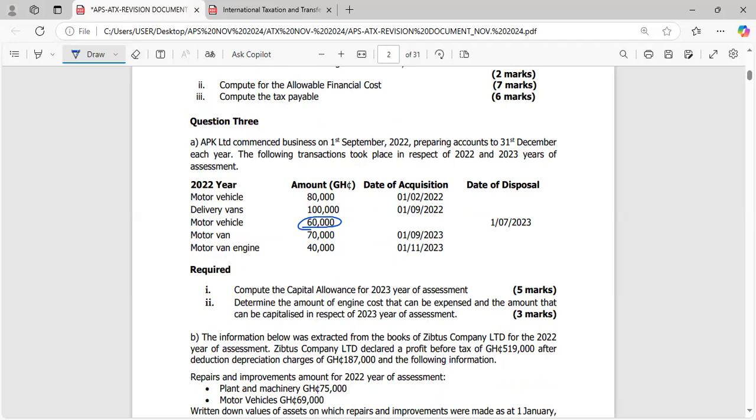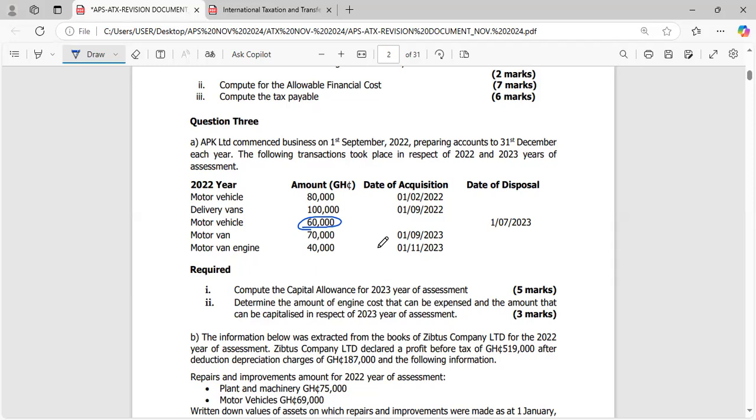No, let me come in. I think it is once. In determining the repairs and improvement, for the written down value of that pool, you need to factor in the 60,000, take it out, before you get the written down value. Then you look for your 5%. When you get your 5%, you bring it in as an addition, and also bring the same disposal there again, 60,000.